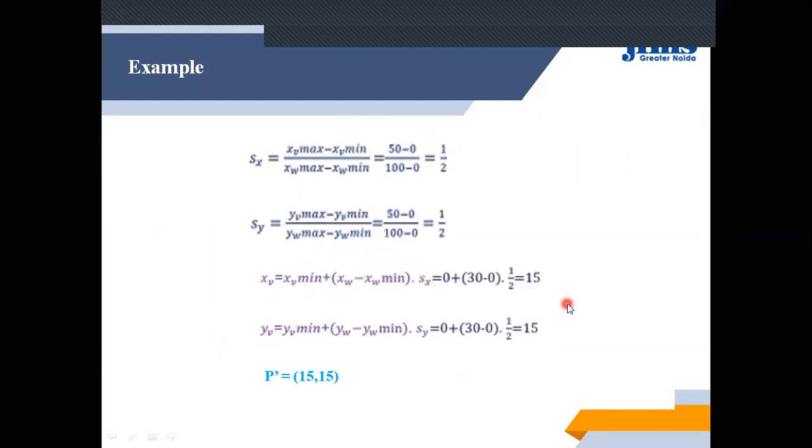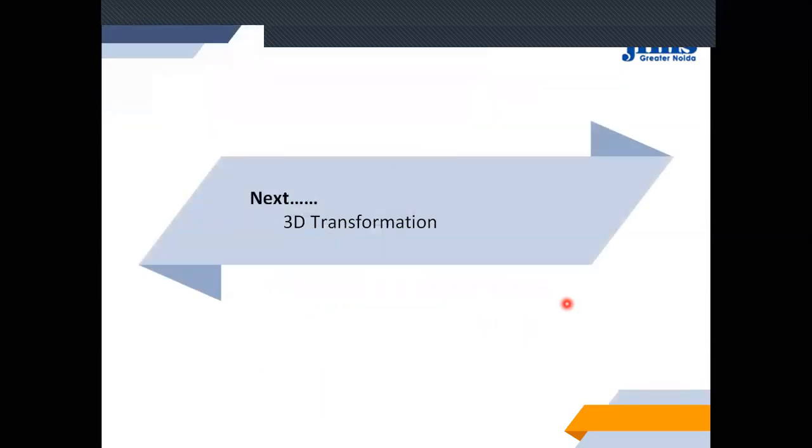So this was about the mapping of window to viewport. In the same fashion, we can do this from the viewport to window also. And this was the window and viewport complete discussion. Now I hope it will be clear to you.